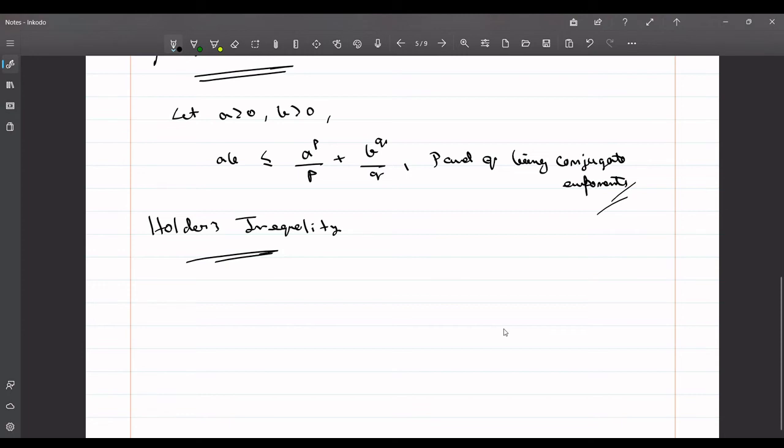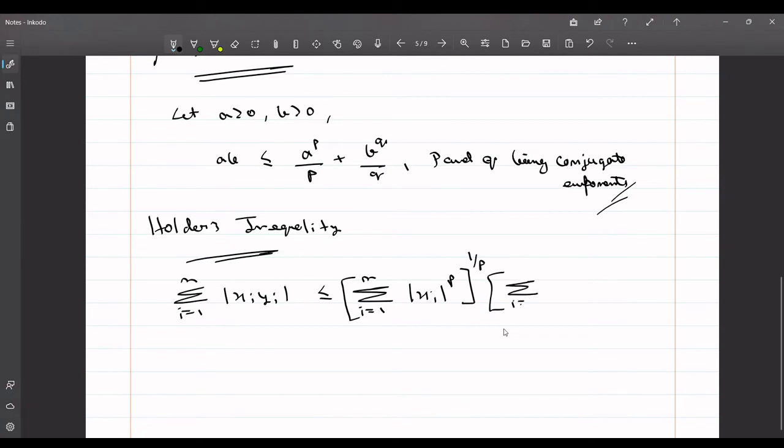So Holder's inequality says the summation i equals 1 to n of mod of xi yi is less than or equal to the summation of mod of xi raised to the power p, whole raised to the power 1 over p, times the summation of mod of yi raised to the power q, whole raised to the power 1 over q, p and q being conjugate exponents. Clear?